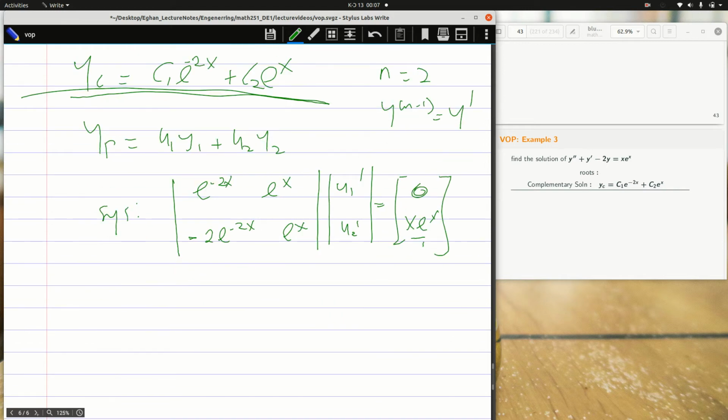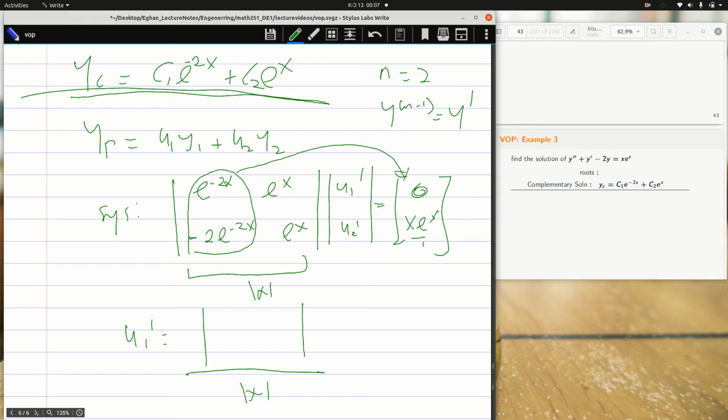Again, this is the Wronskian. So if I want u1 prime, it is simply some determinant over the Wronskian. Again, what do you do? You replace the first terms by that. So 0, x e^x, and then the other ones remain.